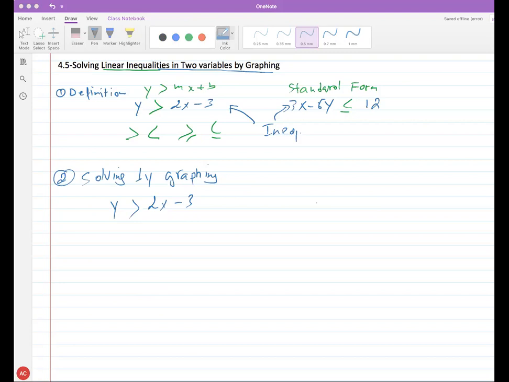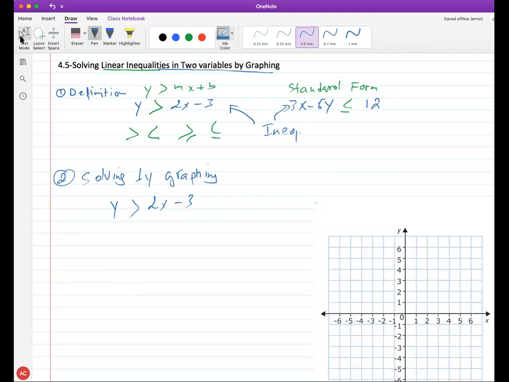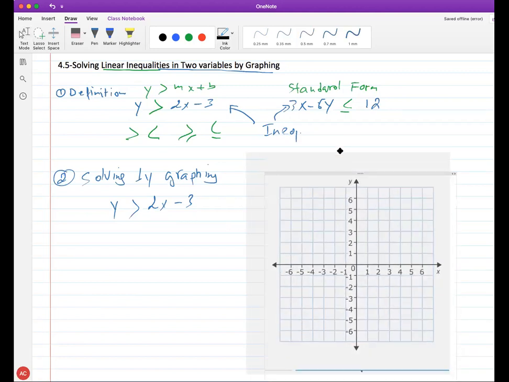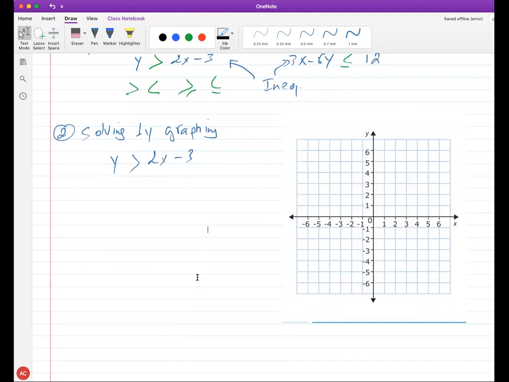Once we have our graph, then we can shade one of the sides of the line. Okay, so always going to need one of these. All right, so we're going to graph this here. It's going to be some line, and like I said, we're going to shade one.